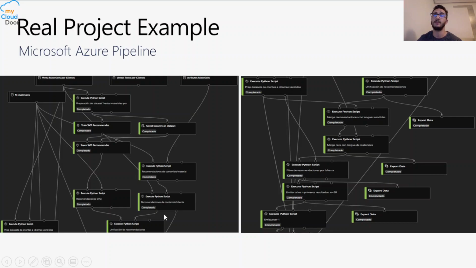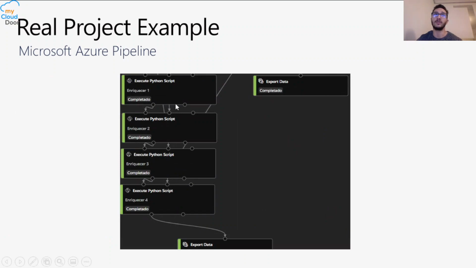Here we did some more enrichment and more data manipulation to get richer data sets and richer results, to be able to see more important insights. And finally here we have the export data, which will be the big output at the end.